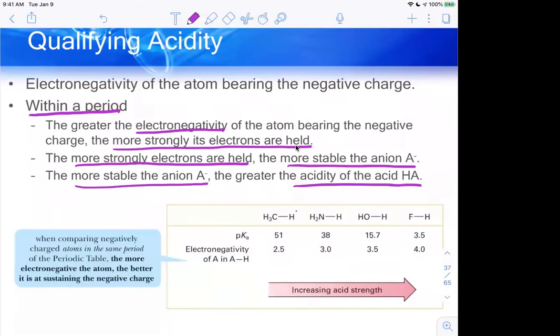So I could look at this hydrogen, this hydrogen, this hydrogen, and this hydrogen. And I can tell by following the pKa's that my acid strength increases as electronegativity increases. HF is the stronger acid because it has the lowest pKa in this series. And that's because F- is more stable than O- or N- or C-.